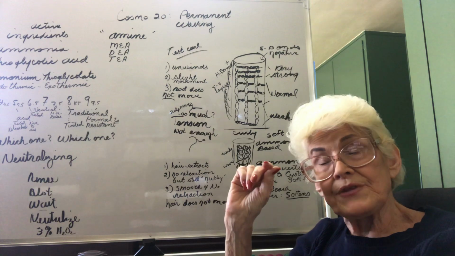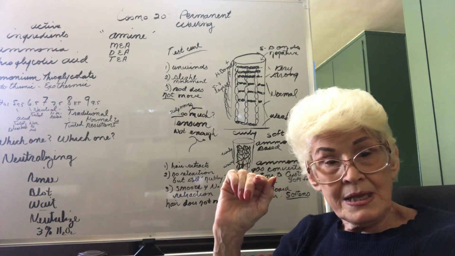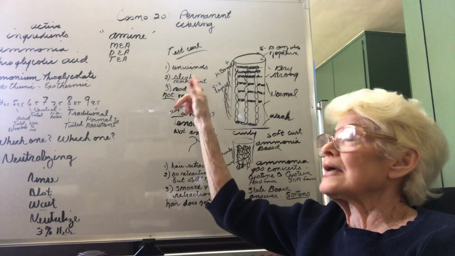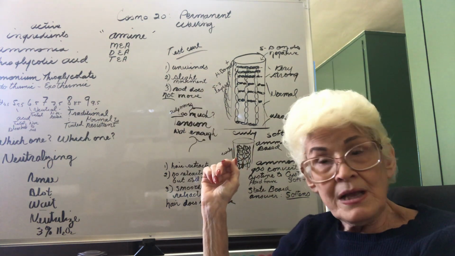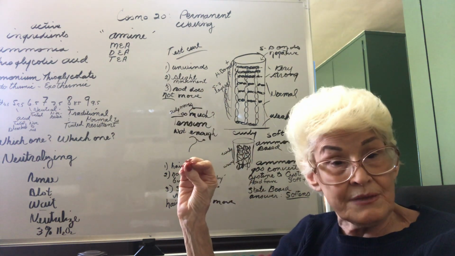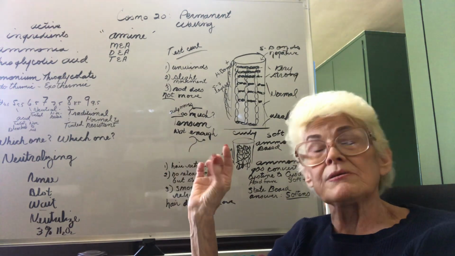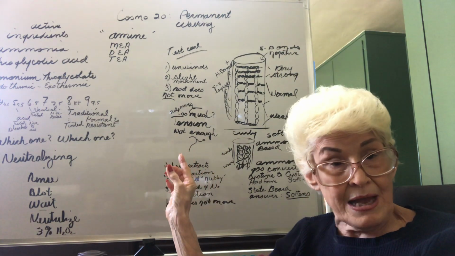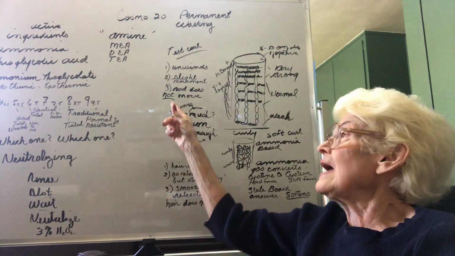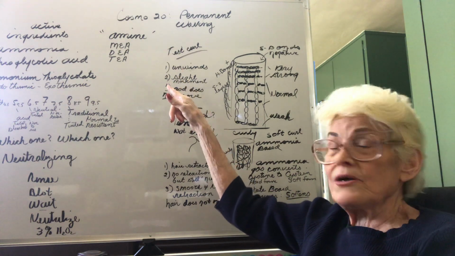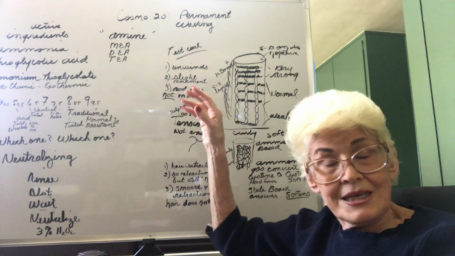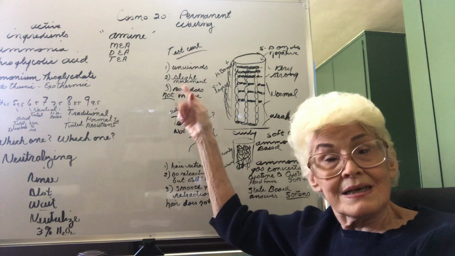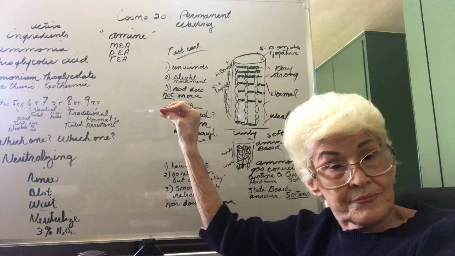So we have this chemical, even though it says in the textbook there are ammonia-free perms, there really are not. Because as you look at the ingredients, the one starts with ammonia, amino, and the other is monoethanolamine. And any word that has amine in it indicates ammonia.